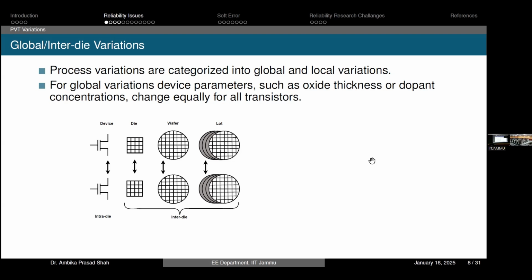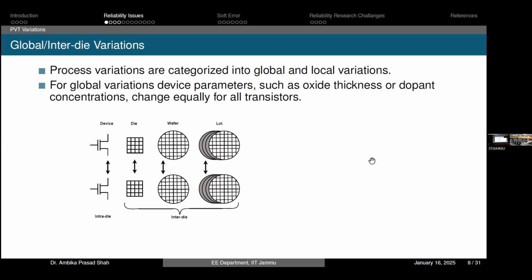Intra-die variations are uncontrollable, and at the time of designing, you need to have some margin, so that even though there are some variations, your circuit is working properly. If it is working, then these variations are acceptable. But if they are beyond your limit, beyond whatever boundary you have decided, then you cannot say this is a reliable circuit.